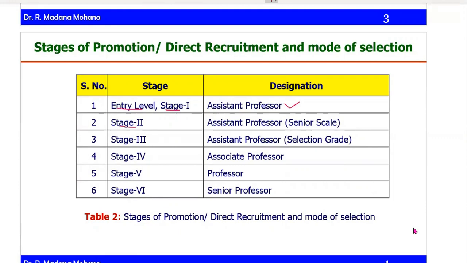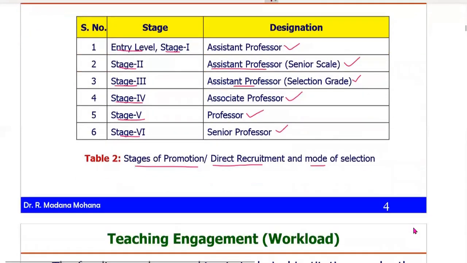Then stage 2, assistant professor with senior scale. Then stage 3, assistant professor with selection grade. Then stage 4, associate professor. Then stage 5, professor. Then stage 6, senior professor. So these are the stages of promotion and direct recruitment and mode of selection with various designations.